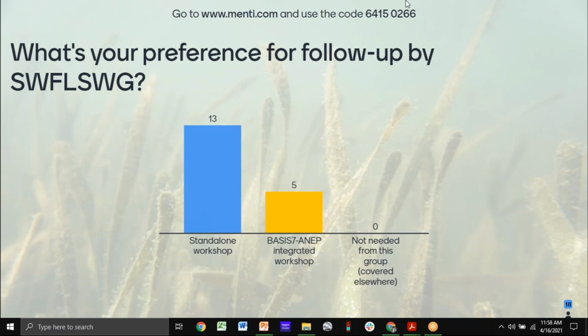But there were a lot of other things that would be good to talk about more, with respect to the integration of transect data with aerial data and some of the mapping conventions that we talked about. That might lend itself more to a standalone workshop, or workshops, specific to those folks who are really involved in the production of some of these products. So I would advocate for both.